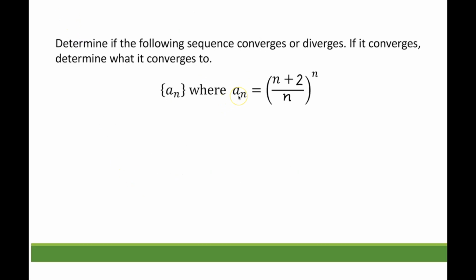On this problem, our sequence general term is a sub n equals the quantity n plus 2 over n raised to the n. So if we start to set up our limit as n approaches infinity of n plus 2 over n to the n, and we attempt to use the laws of dominance and recognize this is n to the first, so we can take their coefficients in the parentheses, we would get 1, but then n is in the exponent, so we would get 1 to the infinity, which is also an indeterminate form.